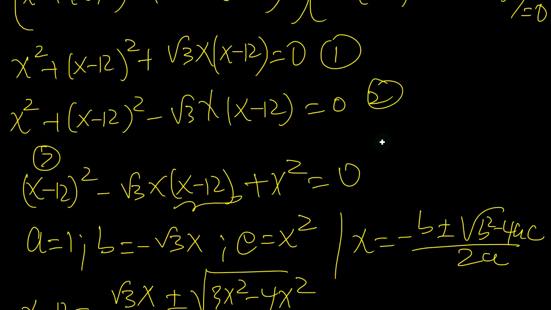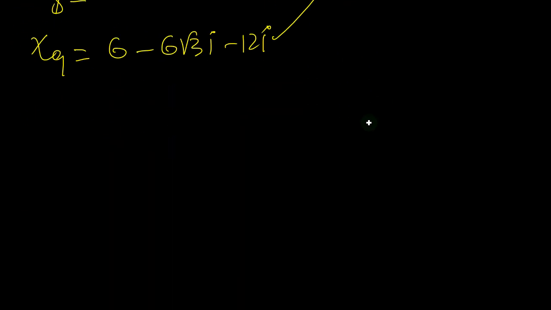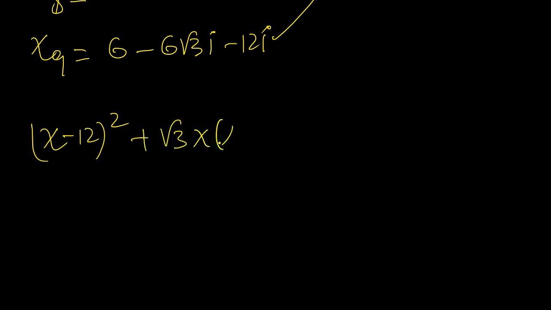The second one, we will solve this one here. I'm actually simplifying this because the video will get too long. So we have x minus 12 squared, and then plus square root of 3 times x minus 12, and then plus x squared equals 0.